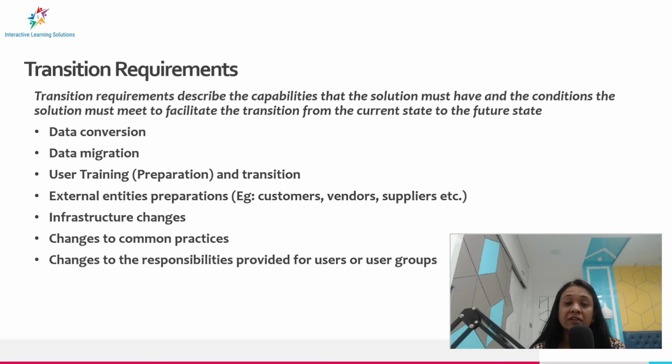So, as a BA, I had several meetings with the customer in order to nail down these transition requirements, in order to understand what kind of data. So, we spent a lot of time analyzing the data in the old system to understand what is the quality of data, what is the format of data, and so on. As a BA, as a first step, when you're doing a data migration, data conversion activity, you need to first analyze the old data and figure out what kind of data exists.